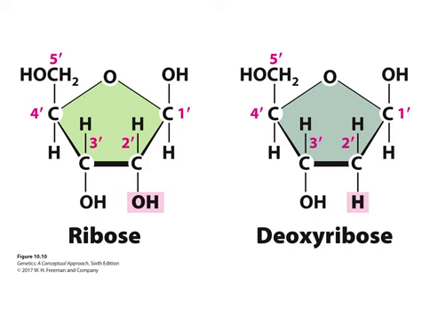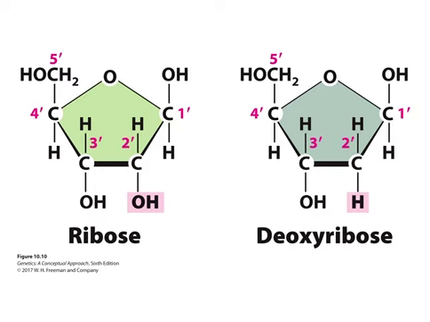The sugars of nucleic acids, which are called pentose sugars because they have 5 carbons, these carbons numbered 1' through 5', indicate the positions on the ring. The sugars of DNA and RNA are a little bit different in structure in that RNA sugar, called ribose, has a hydroxyl group attached to the 2' carbon, whereas deoxyribose has simply a hydrogen.